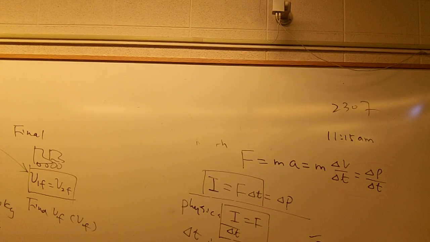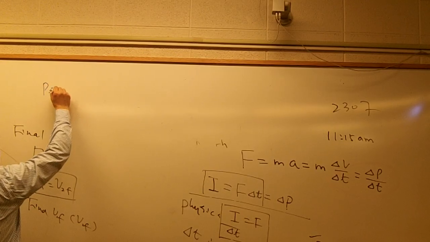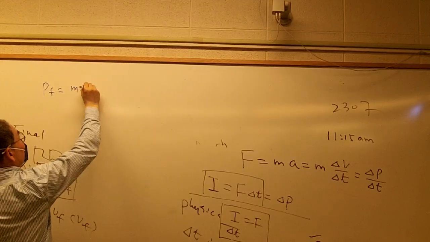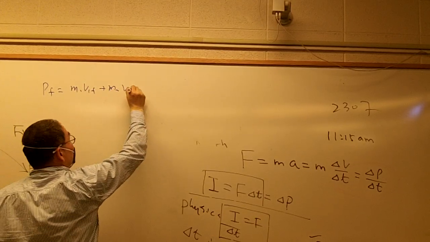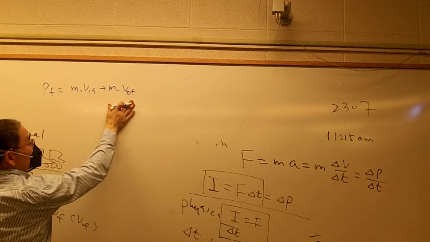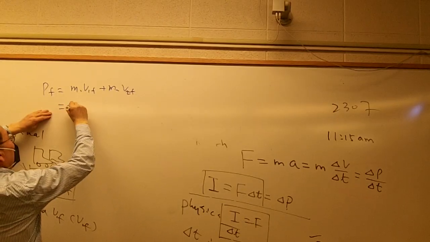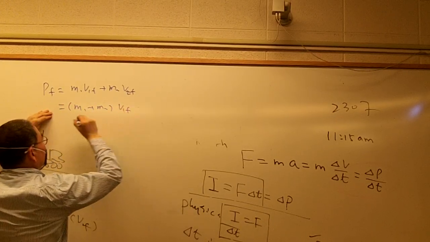That's the initial momentum. My final momentum, P final, because these two stick together, so therefore M1 V1f plus M2 V2f. M1, M2 are exactly the same, so I can pull these out. V1f.